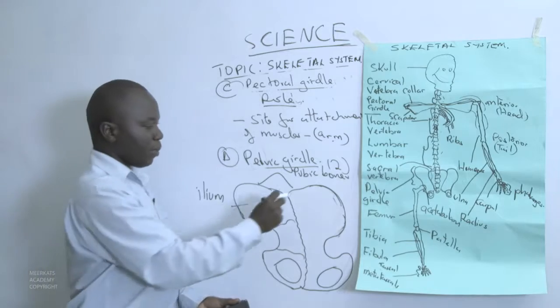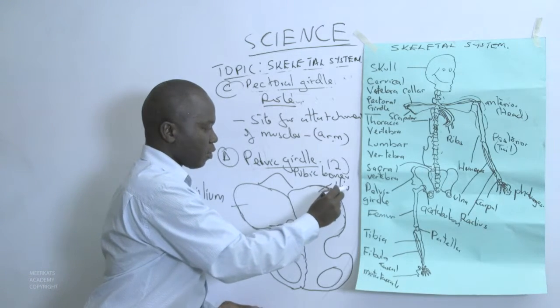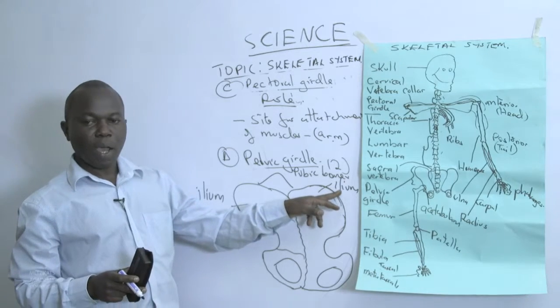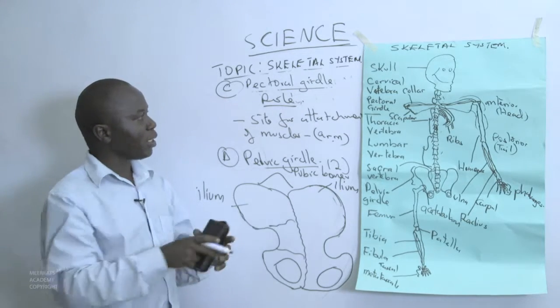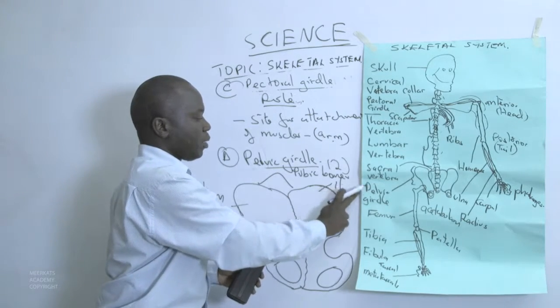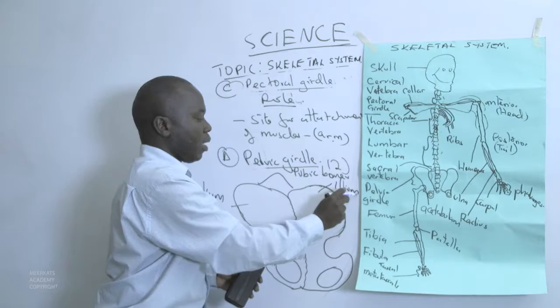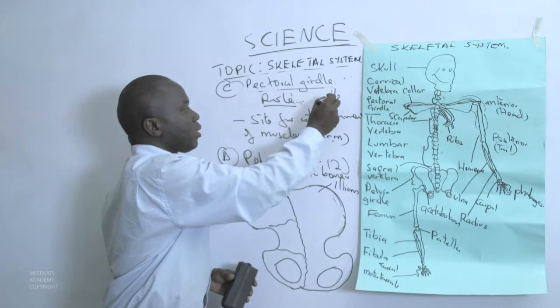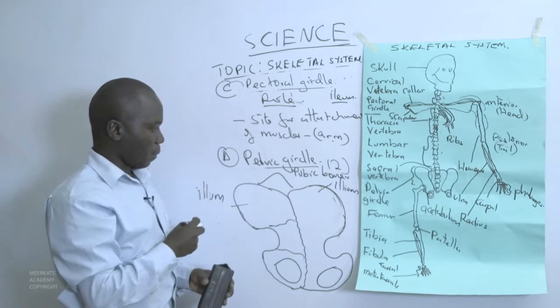The spelling of ilium here is different from that of the small intestines. This one is a single L, but for the small intestines, it's supposed to be a double L, and it is written that way.